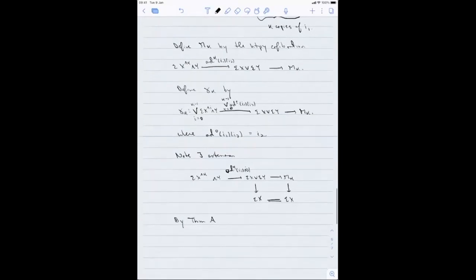And from theorem A, you end up getting a homotopy fibration that looks like, take mk and map it to suspension x as here. You can identify its fiber as this map gamma k.